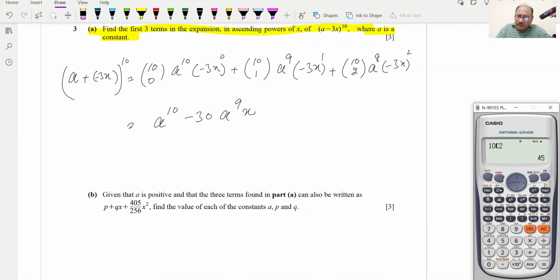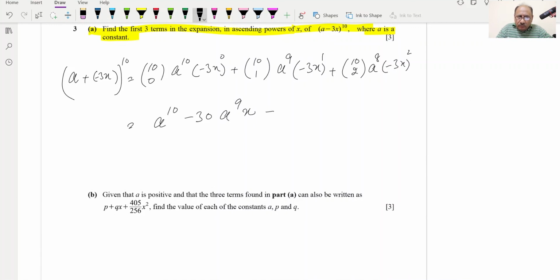So 45 will be multiplied by 3, no, it should be multiplied by 3 squared, which is 9. So 45 multiplied by 9 will be equal to 405. So plus 405 a raised to the power 8 and x squared. So these are the terms which are required.